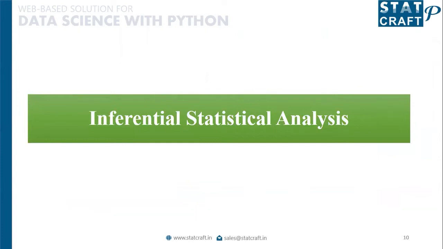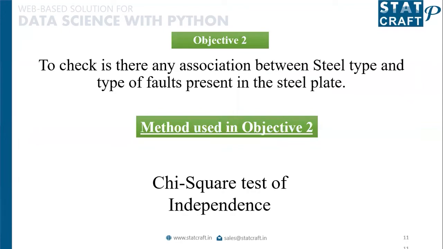Let me go further. In this slide, we are talking about inferential statistical analysis. This is very, very important, especially for those people who are interested in hypothesis testing and such things. What is the objective that we have set for ourselves?